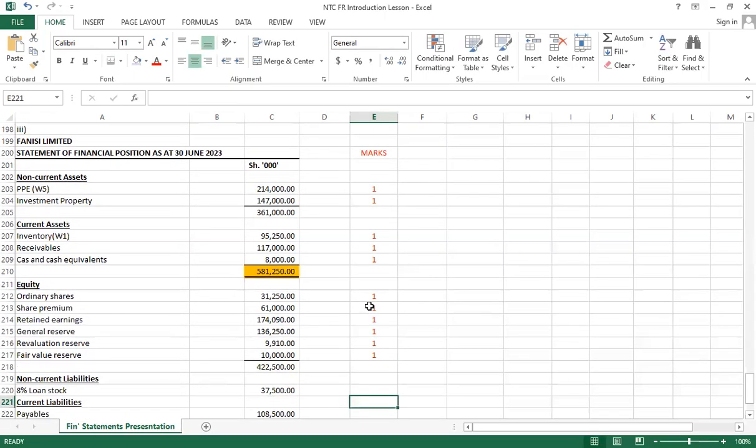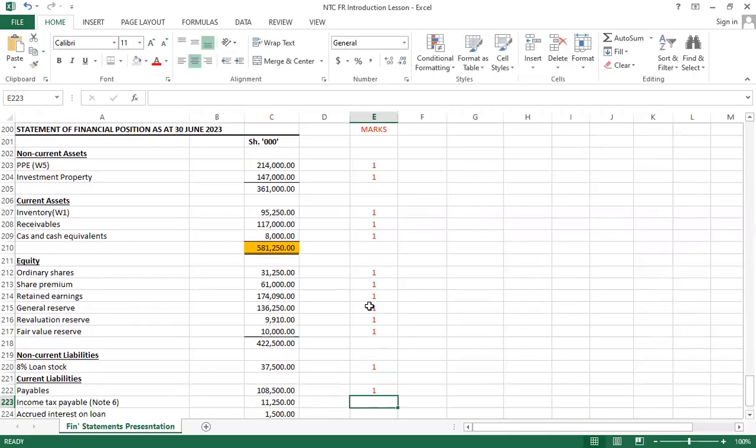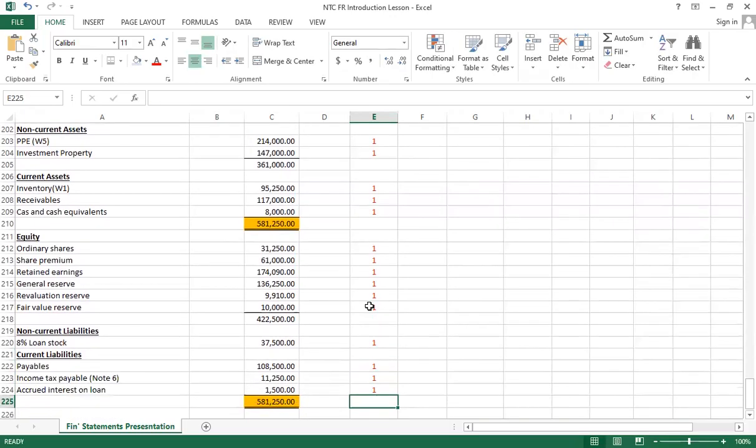Each of the items of equity 1, the 10% loan stock 1, the current liabilities, each of them 1. When you add them downwards from PPE, this totals to about 15.